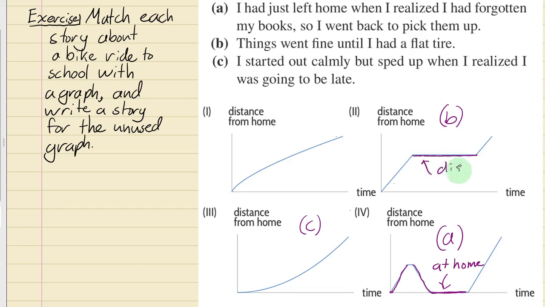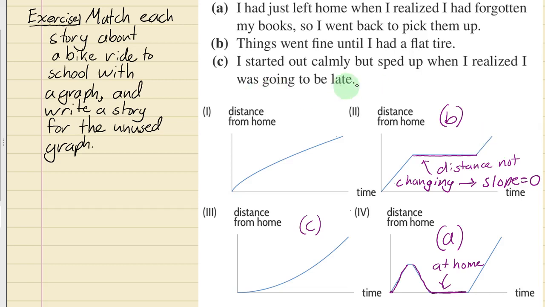The distance is not changing. And that means you're going to have slope equal to 0 at that point. So you're fixing your flat tire, and then maybe you fix it and you can keep going.